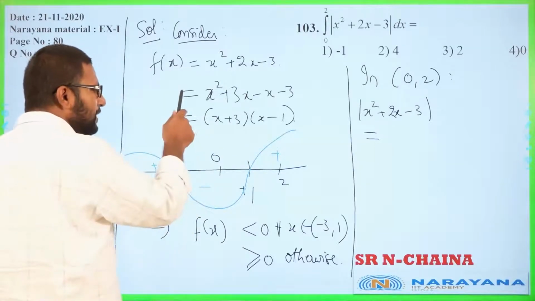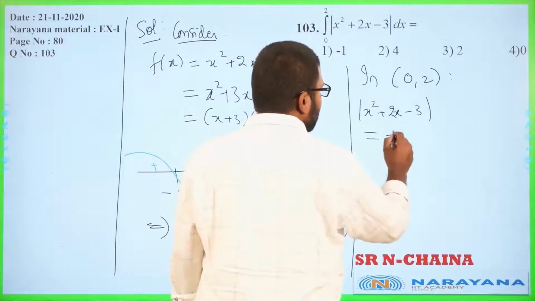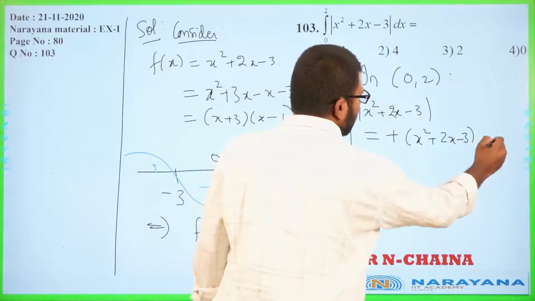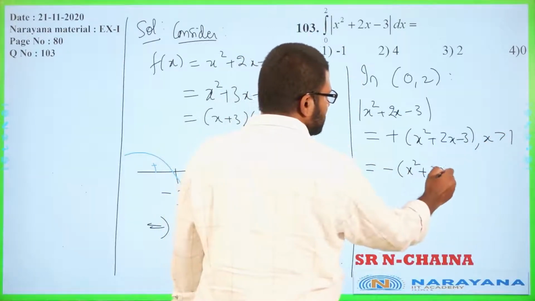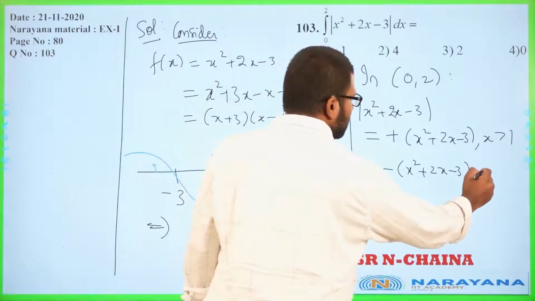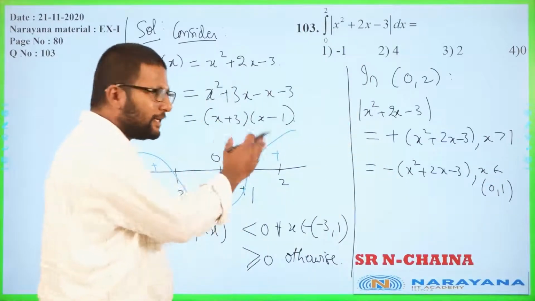So we will split it from 0 to 1 and 1 to 2. So this is plus (x square plus 2x minus 3) when x is greater than 1, and minus of (x square plus 2x minus 3) when x lies between 0 and 1, right? So we will now split the integral accordingly.